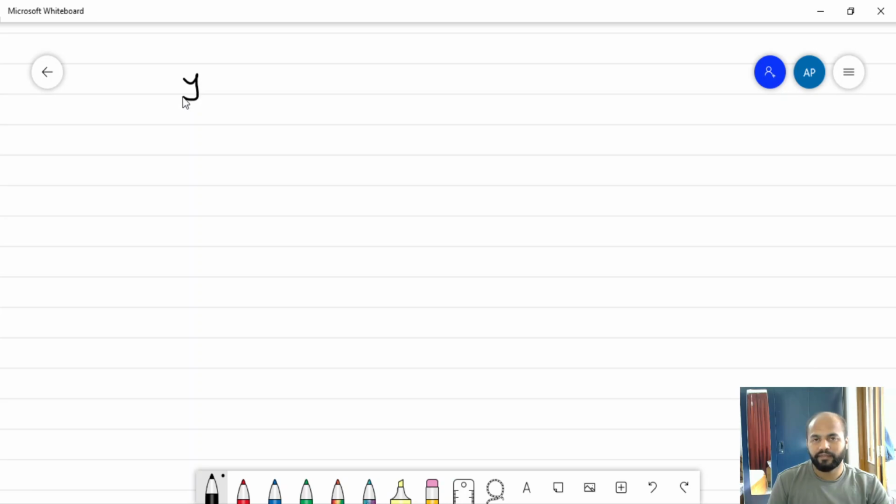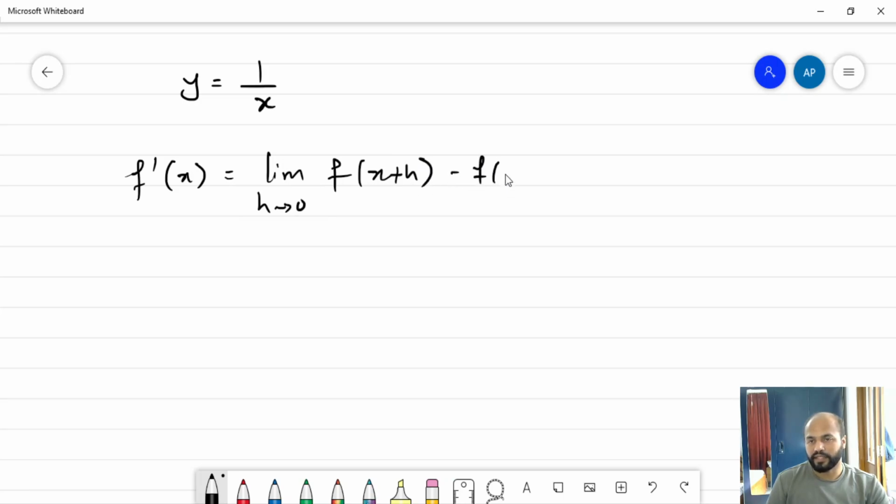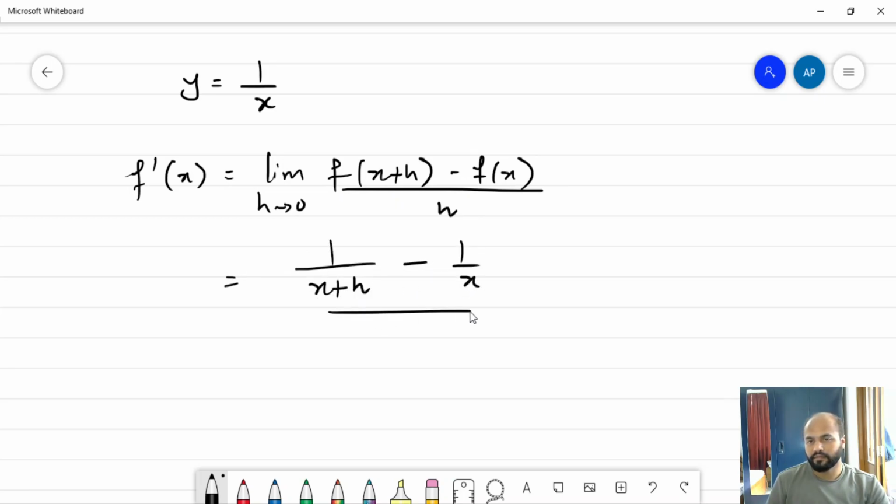This time we have the function y as 1 by x, and we have to find the derivative of this using first principle. So f dash of x is going to be limit h tending to 0 f of x plus h minus f of x by h. So this is going to be written as 1 by x plus h minus 1 by x, all divided by h, limit h tending to 0.